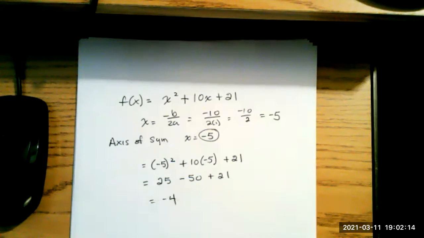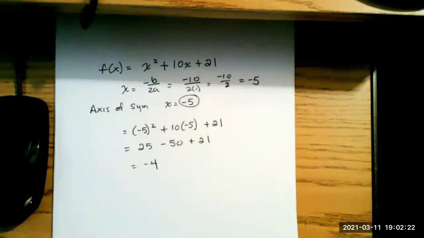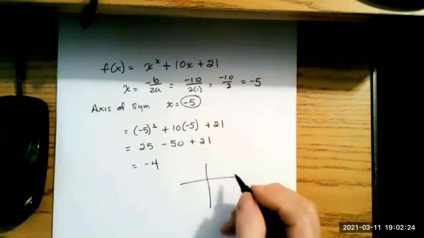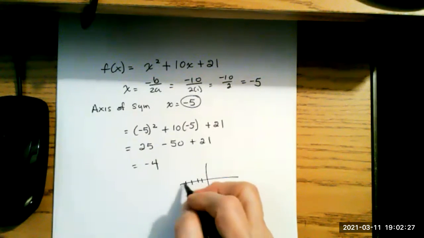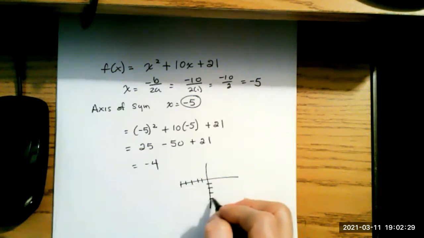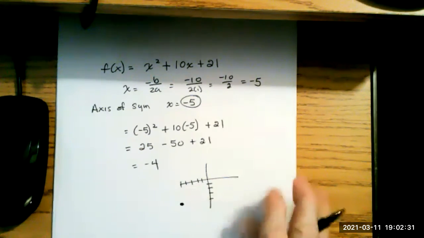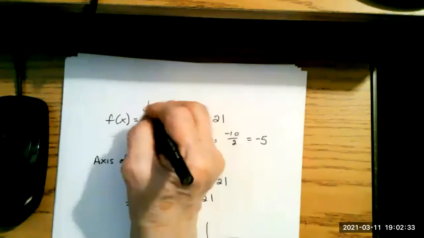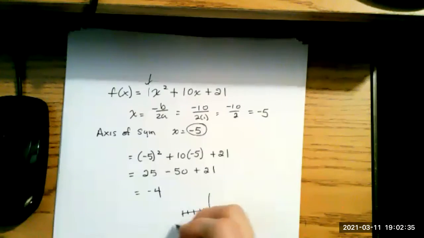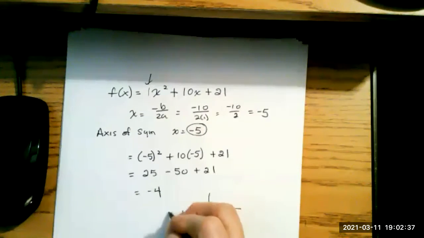Is that negative 4? Yes? So my vertex on this is negative 5, negative 4. There's a 1 in front of the x squared, so it's positive, so it's going to smile. That's the way my parabola is going to look.